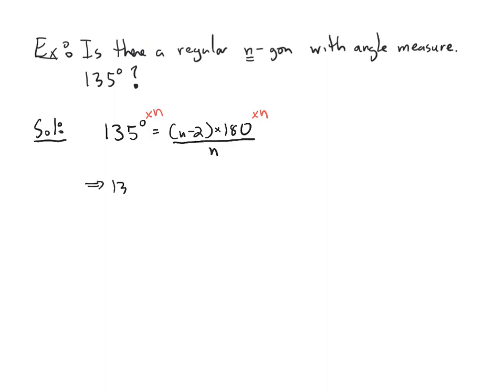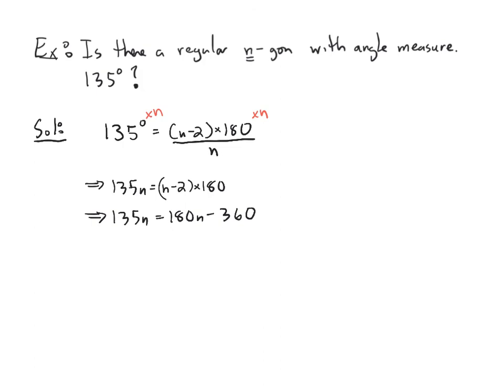And we get 135n equals n minus 2 times 180. Let's expand the right-hand side out. 135n equals 180n minus 360. All right, let's bring over the n's to the left-hand side and leave the constants on the right.